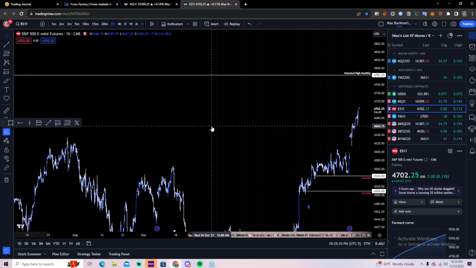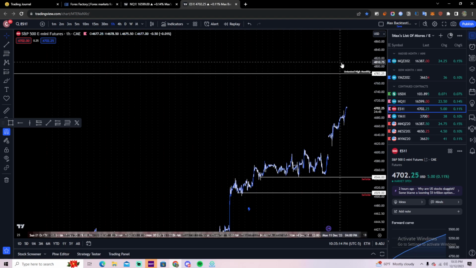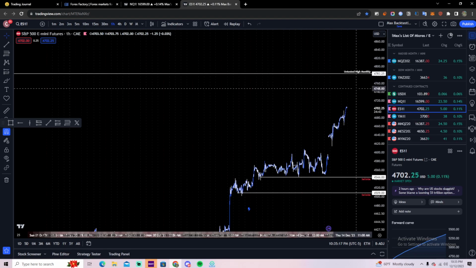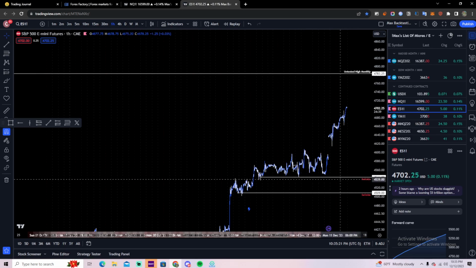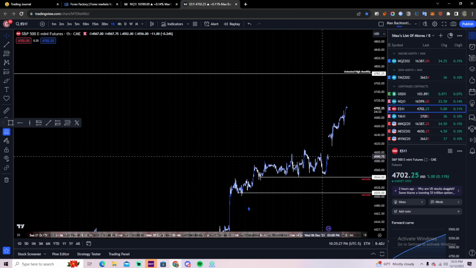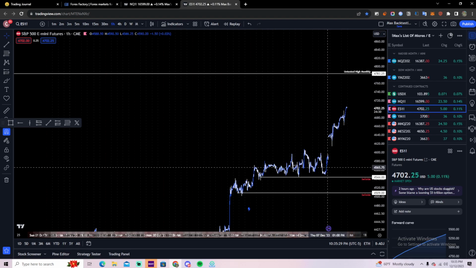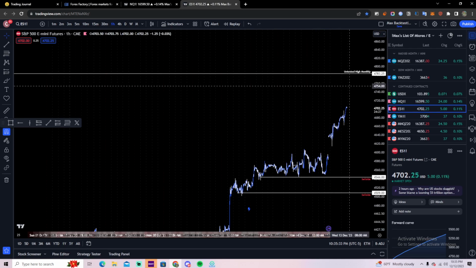Now, one thing I will say, I mentioned this yesterday, if price comes all the way up here, gets really close to this untested high, then starts going lower, I'm going to look for price to trade back to the order block before the expansion, because consolidation goes hand in hand with equilibrium, right?